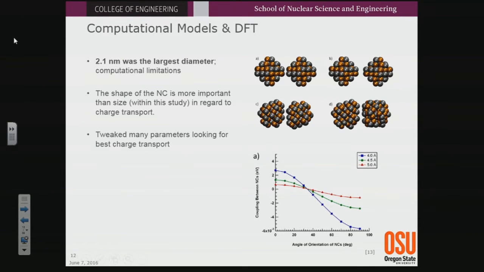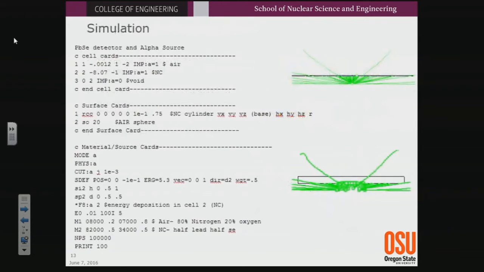They tweak many parameters and look for the best charge transport. They rotate different faces towards each other and move them to different distances from each other, and see what might be the best configuration. So we might look to these people for the future. This was at Cornell University, when we really get better control over these materials at these length scales.